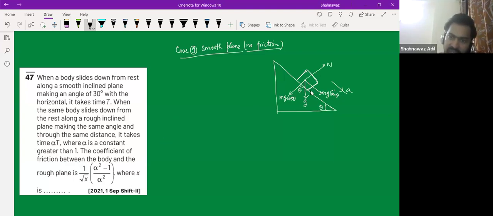If we write the horizontal component only, will it be equilibrium or will it be Newton's law?